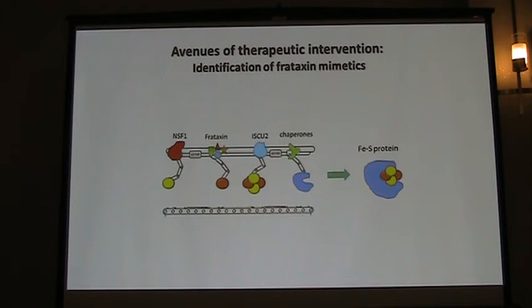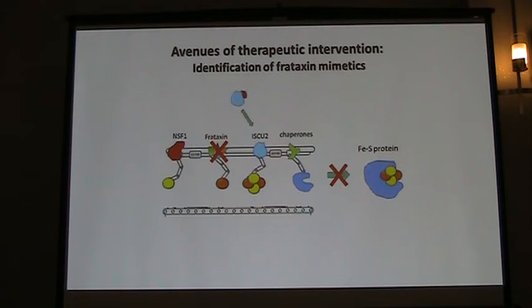Another way of thinking of therapies that can help with the disease is trying to target this assembly line. I told you that frataxin is part of this assembly line in the cell that makes iron sulfur cluster proteins. When frataxin is low, this assembly line doesn't work and you don't make the proteins anymore.